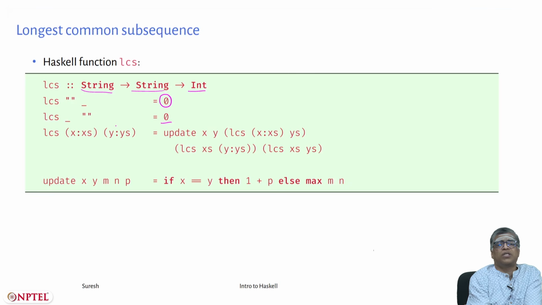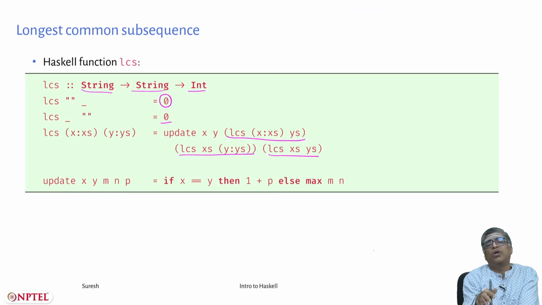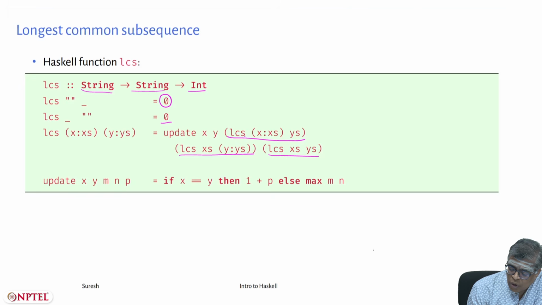LCS of x followed by xs and y followed by ys: I anyway make 3 recursive calls: LCS of xs and y:ys, LCS of x:xs and ys, LCS of xs and ys. I don't always need to make all of these, I'm just telling you that it is possible that you make up to 3 recursive calls, and then on those values you apply this update function, update of x, y, and 3 numbers.